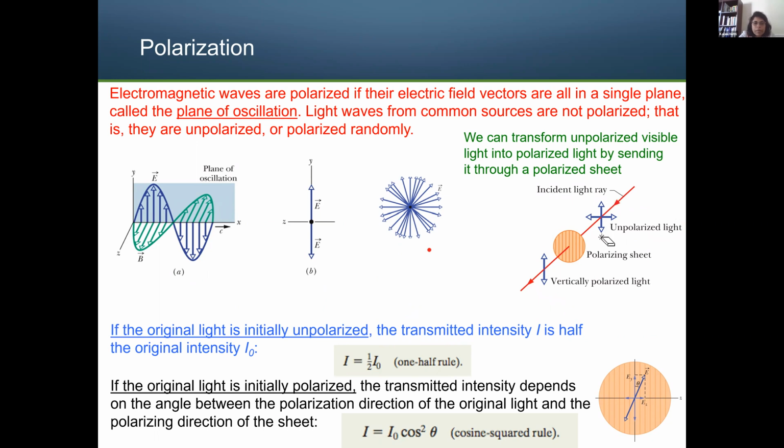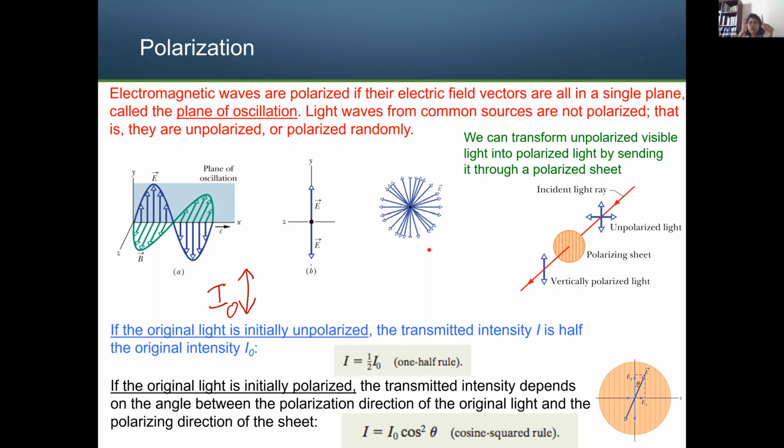Say I have polarized light this way. You're going to send the polarized light with some intensity I naught, right? Now you have the sheet. I'm going to keep the sheet there, but I cannot draw it there. I'm going to draw it in full view, right?